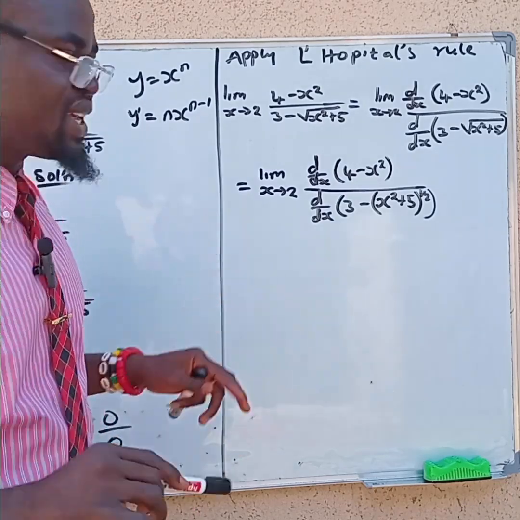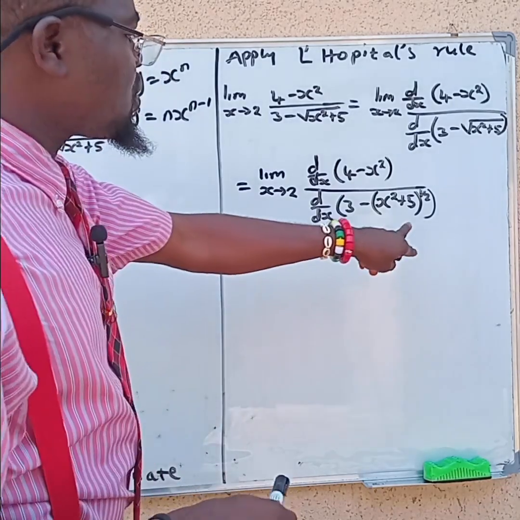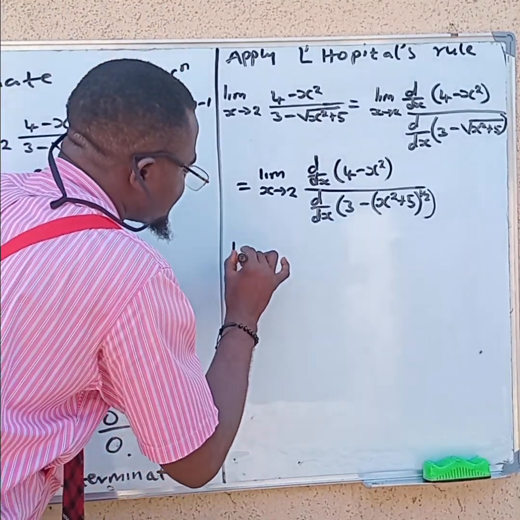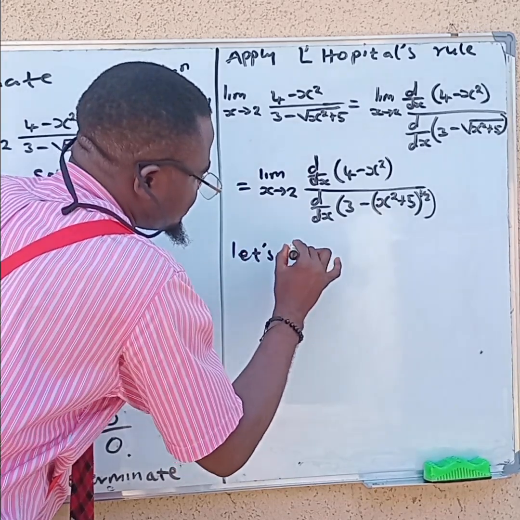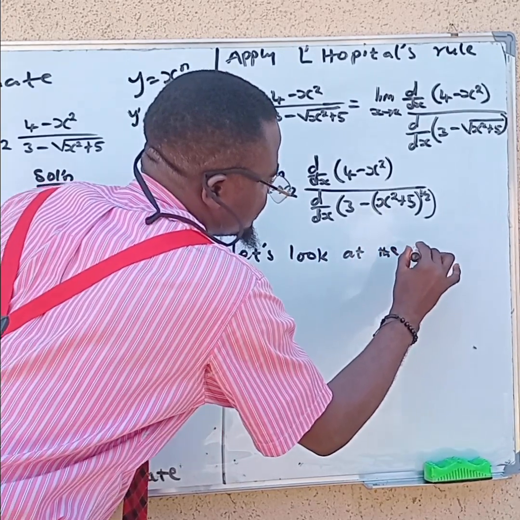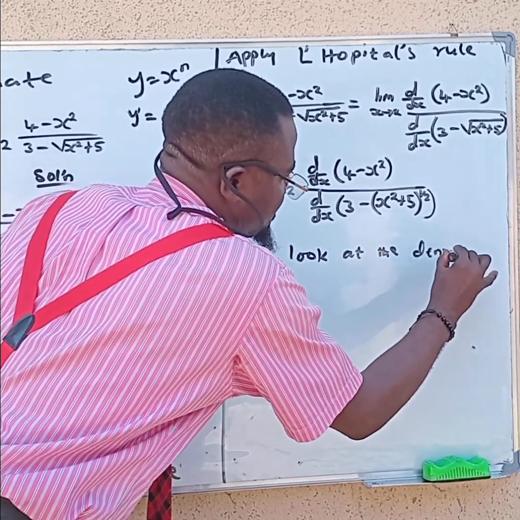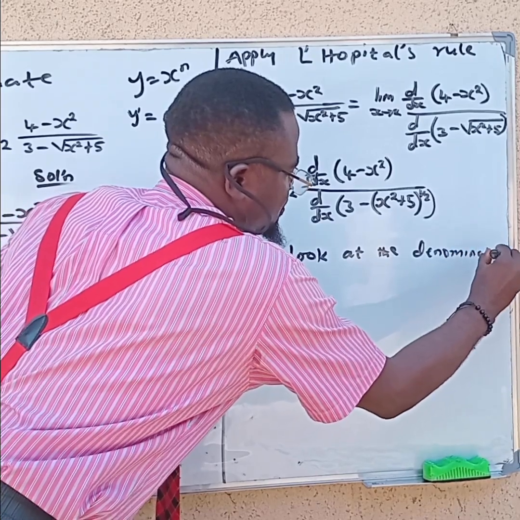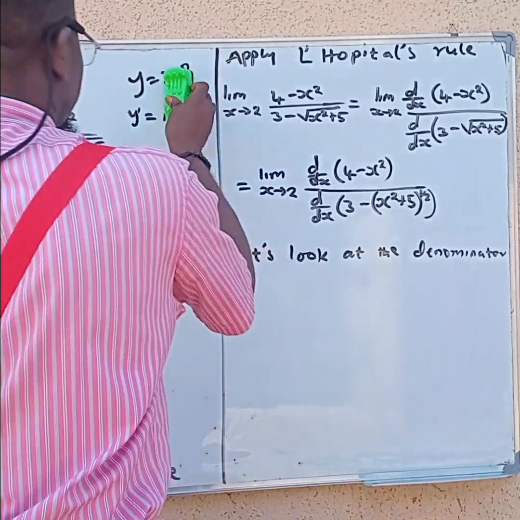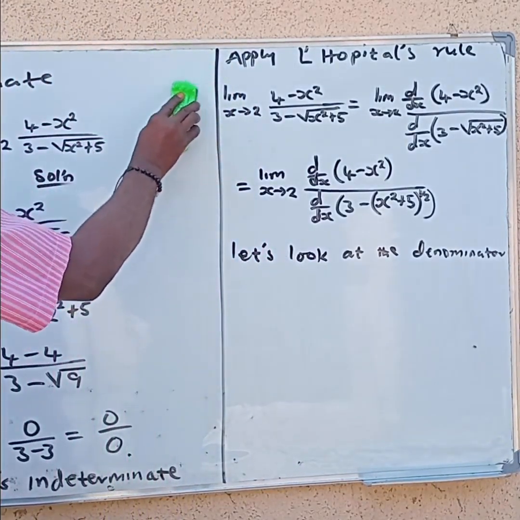Is that understood? So this one is a function of a function. Now let's just play with the denominator first. I can do it straight, but I want us to understand what we are doing here.